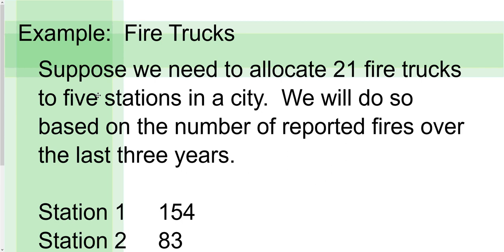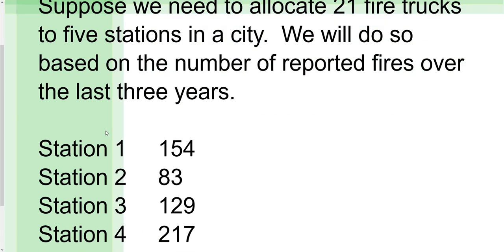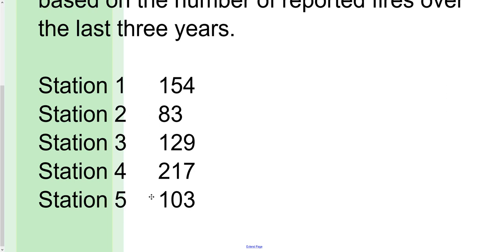Let's do this with fire trucks. So suppose we need to allocate 21 fire trucks to 5 stations in a city. Again, we're going to do this in a very non-political way just to see how this works out. We're going to do so based on the reported number of fires over the last 3 years. So instead of a population of people, we're going to have a population of fires.